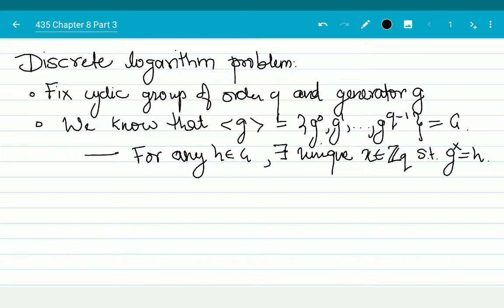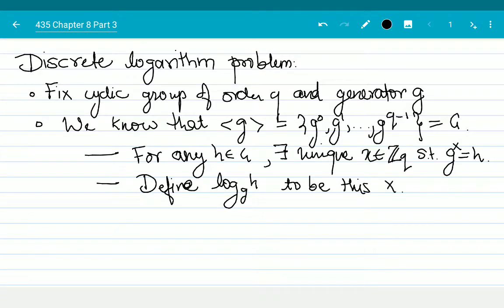Okay, and then we define log_g of h to be this x.